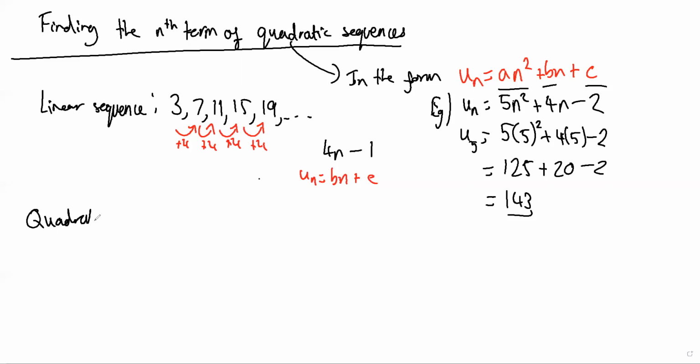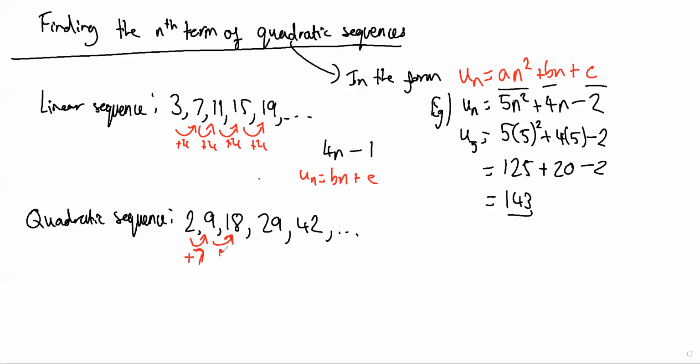Now, a quadratic sequence is something in this form, and we'll find the nth term of this sequence right after this. But for now, I just want you to pay attention that the difference between 2 and 9 is plus 7.